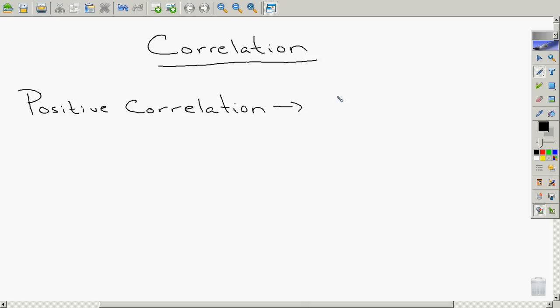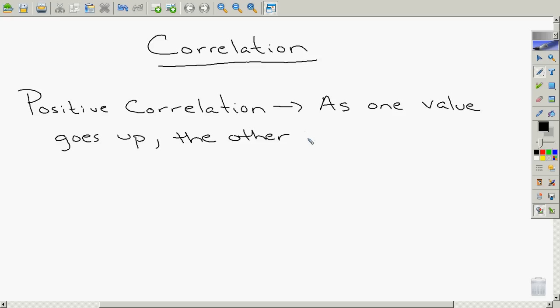So when we're talking about two different values, as one value goes up, or increases, the other value does the same thing. The other value also goes up. Okay? So that would be called a positive correlation.